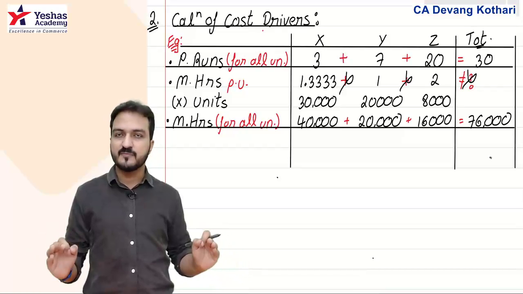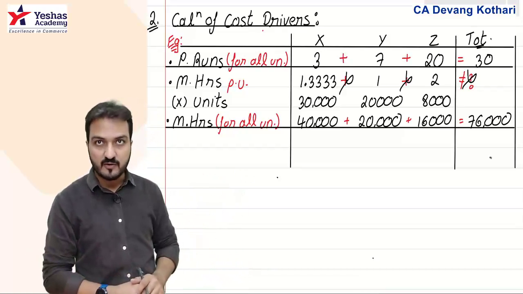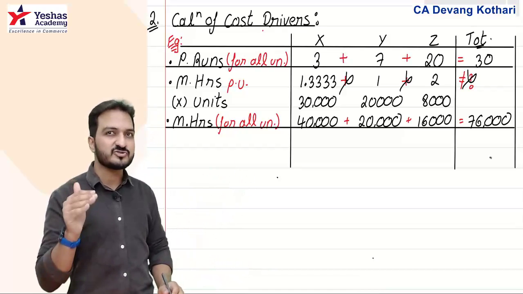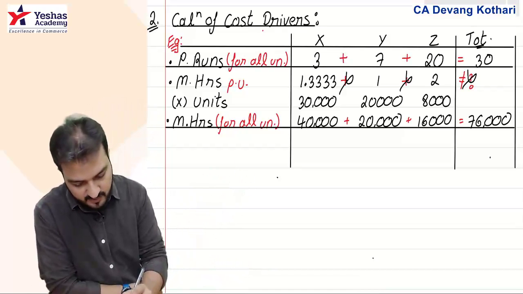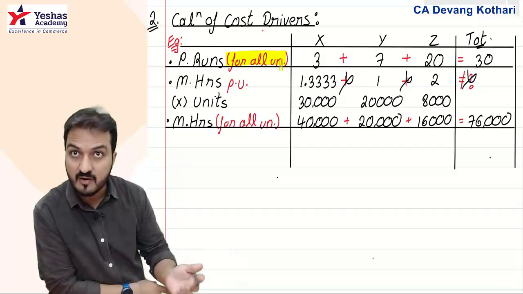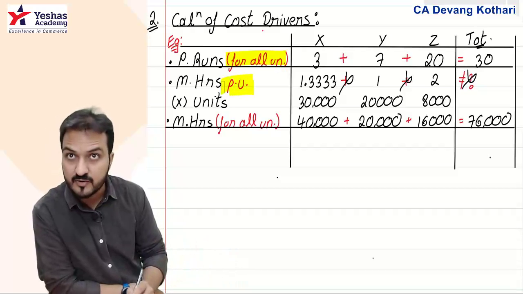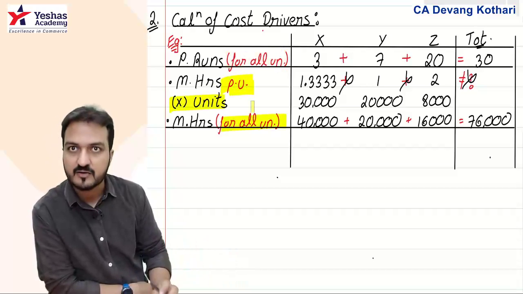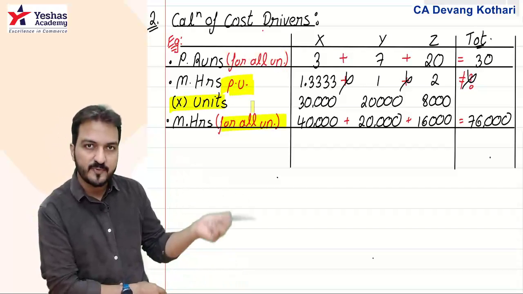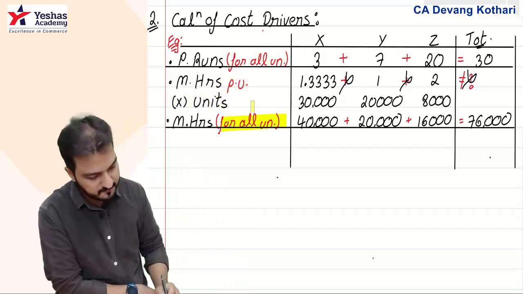Done? Yes, so both examples you see over here. Depending on whether the cost driver given is of all units, then you simply add them up. If the cost driver given is of 1 unit, then you multiply units, then add it up. Done? Yes, copy this as example within note number 2.